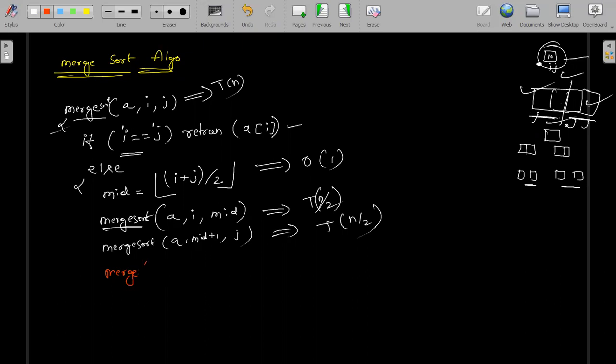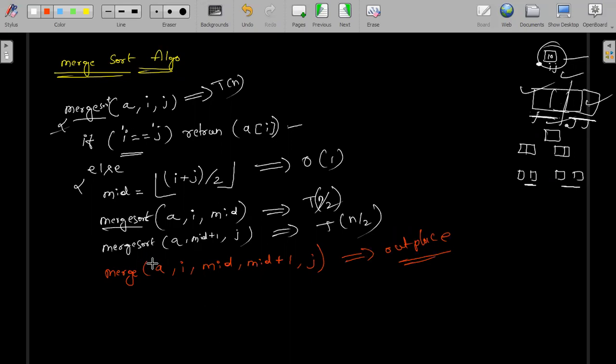Okay, fine. Mid, yes or not? The array from the starting index up to mid plus 1 also, and up to where? j, the ending index. Yes or not? We know that this is out-of-place because it takes a lot of space.